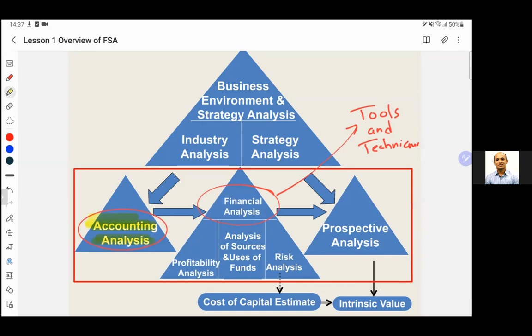So before doing trend analysis, common size analysis, ratio analysis, before doing any analysis, you have to do accounting analysis. So today we are going to study this.